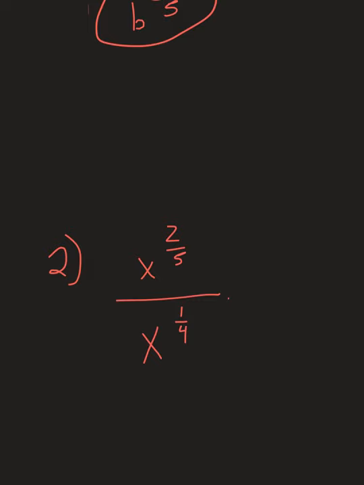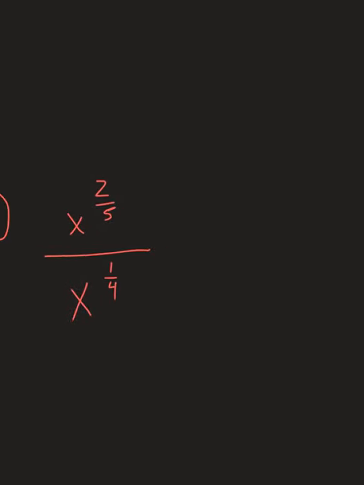So we have the same variable, x, raised to some power, okay? And we know that when we have the same variable and it's divided, what we're doing with the exponents is we're subtracting them, okay? So I'm going to rewrite this so that we can see what we are doing, okay?